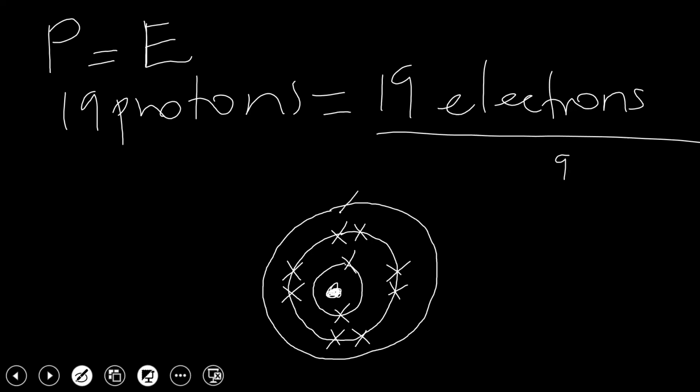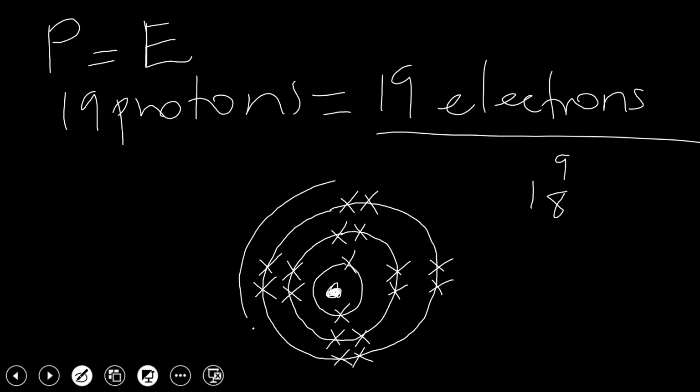So we have 2 inside, plus 8, that is 10, plus 8, that is 18. So you are remaining with 1 electron.